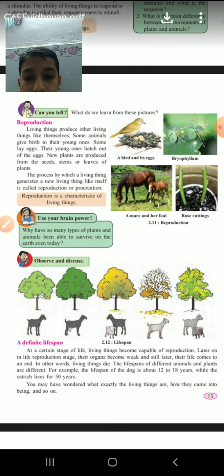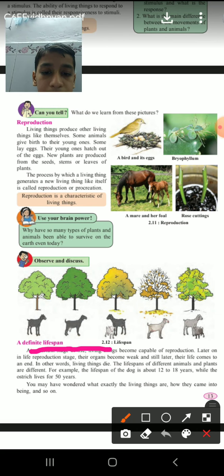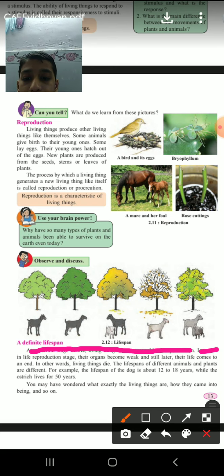A definite lifespan. At a certain stage of life, living things become capable of reproduction. Later on in life, after the reproduction stage, their organs become weak, and still later, their life comes to an end. In other words, living things die.